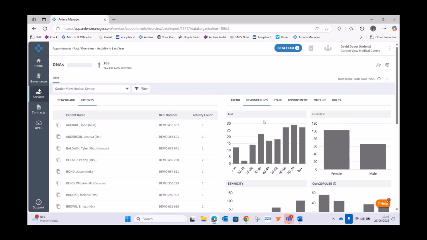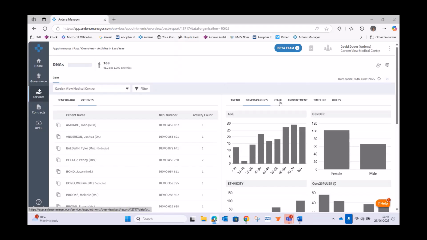So again, you can break down your demographics in the same way. Of those DNAs, I think what I'd be interested in, if I was still working in a practice, is who is affected by that the most? Which of my GPs, which of my nurses tend to suffer from DNAs as well?